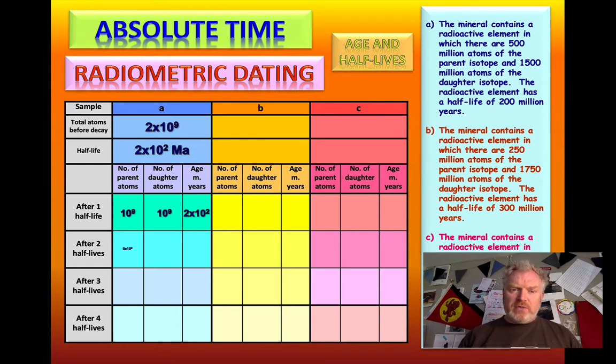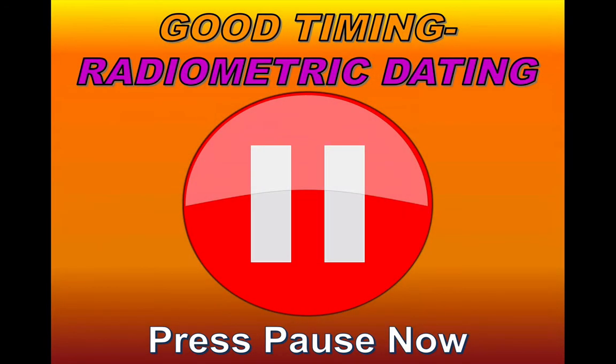After two half-lives, we halve the number of parents again. So now we only have 500 million. Remember that the parent plus daughter atoms must equal what we start with. Okay, I've got you started there. What I'd like you to do now is complete the rest of that table. What can we work out about? Press pause now, see what you come up with.